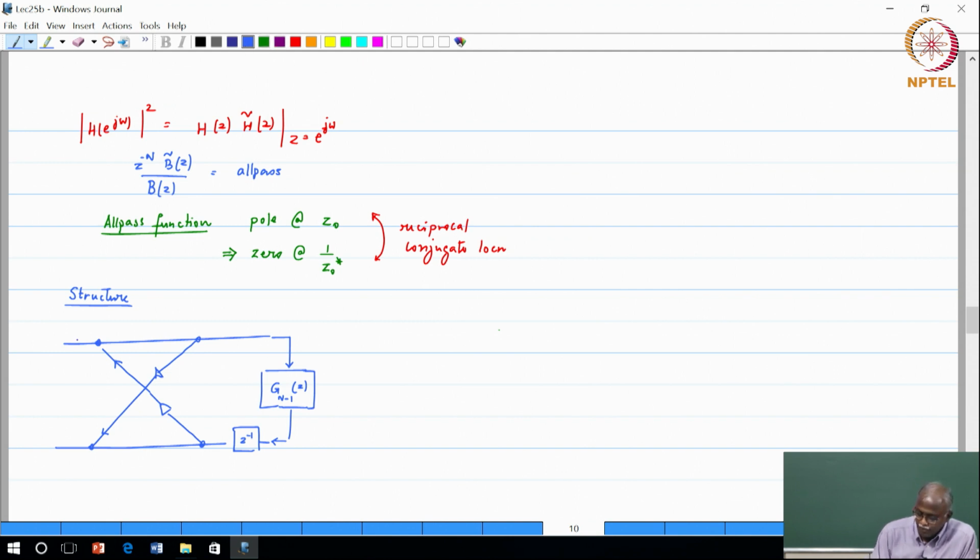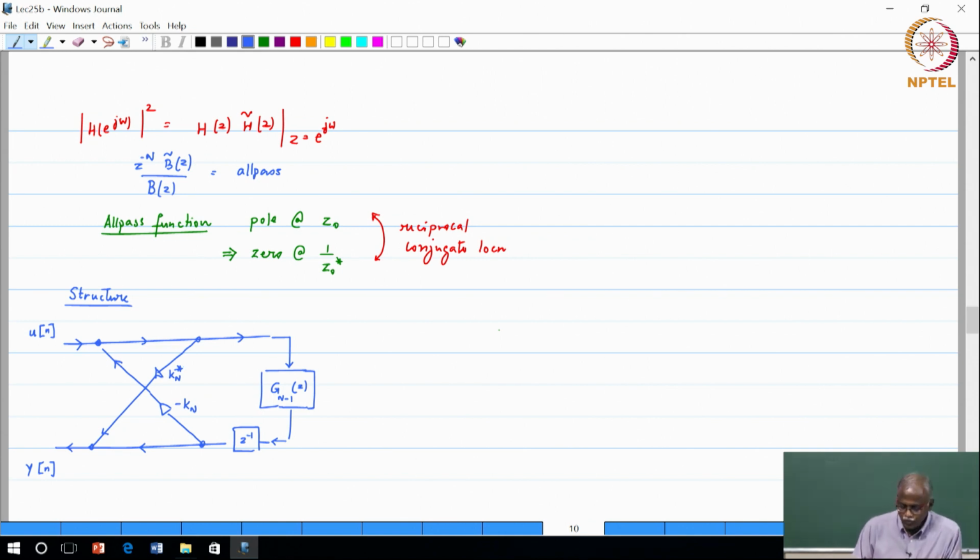Let me draw the input line, let me call that u of n, the output line y of n. Make sure all the branches are labeled with arrows so that we have no confusion. This is minus k subscript n, and this is k subscript n conjugate.